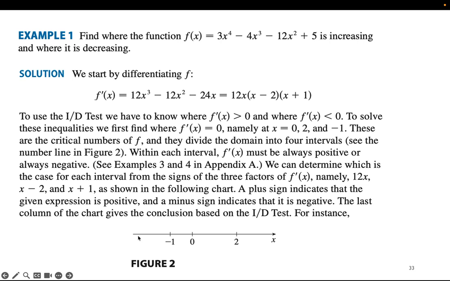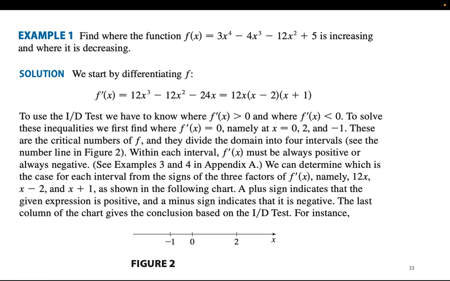So you make a number line. Notice at the bottom here, I make a number line of all the critical numbers. These are the places where f prime is 0. Now if I know where they're 0, then I can plug in points between them and try to figure out where f prime is positive or negative.